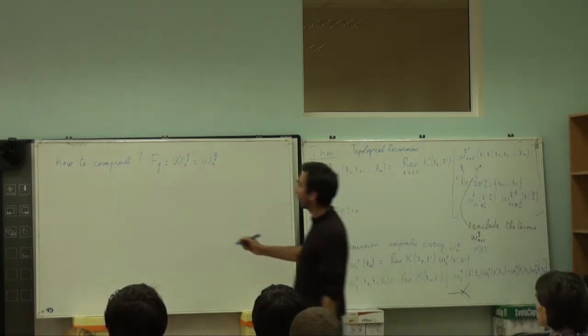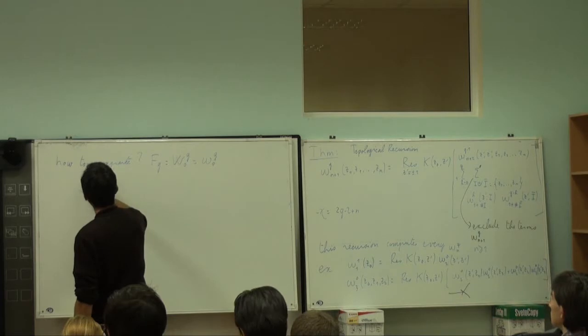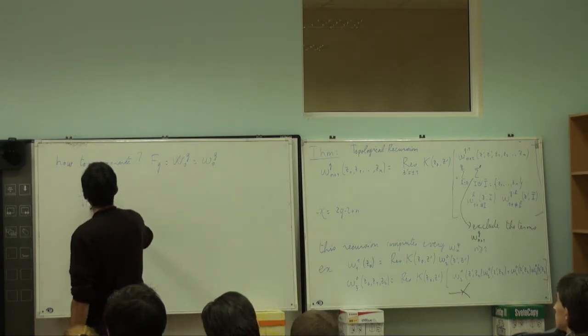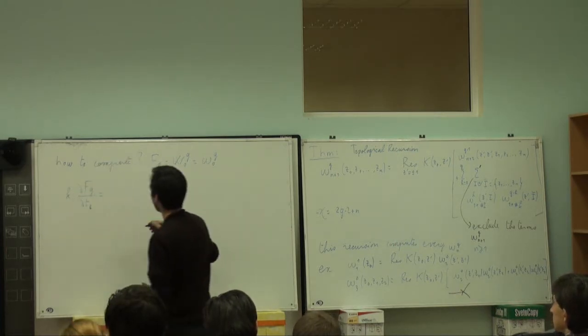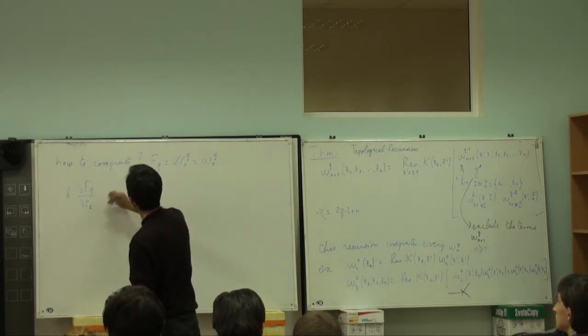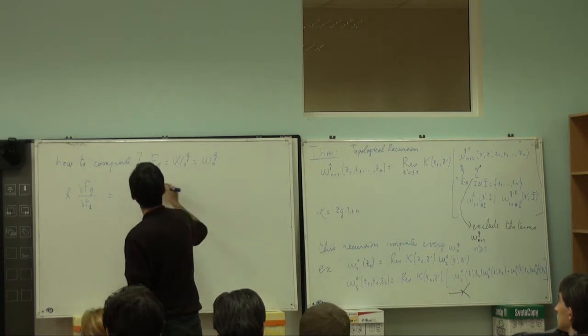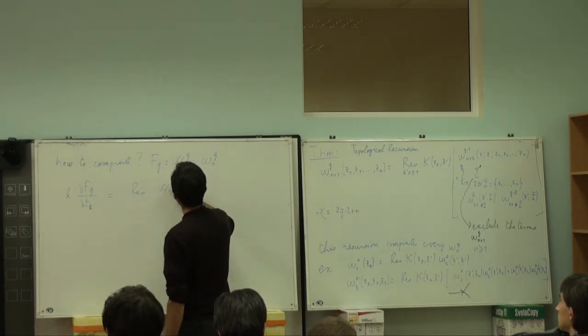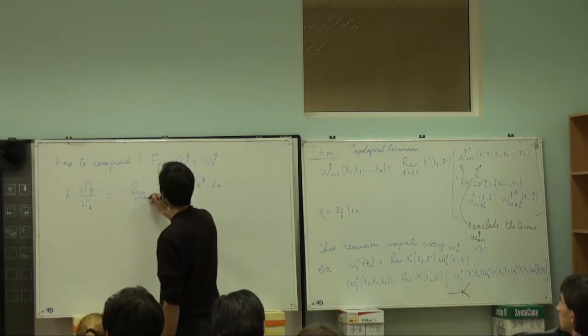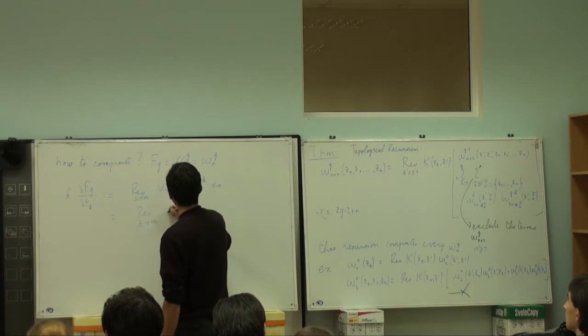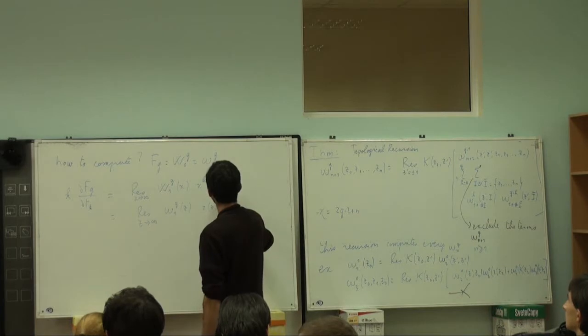But remember that we had the relationship that k dF g over dt k must be equal to the residue of omega 1 g of x to the k dx when x goes to infinity, which is the same thing as the residue when z goes to infinity of omega 1 g of z, x of z to the k dz.